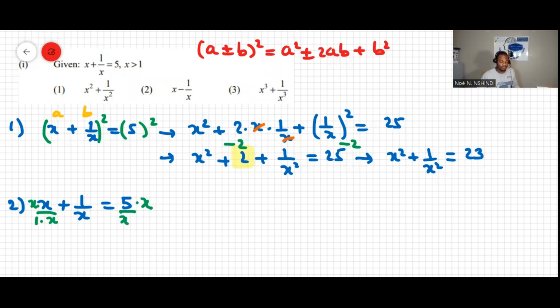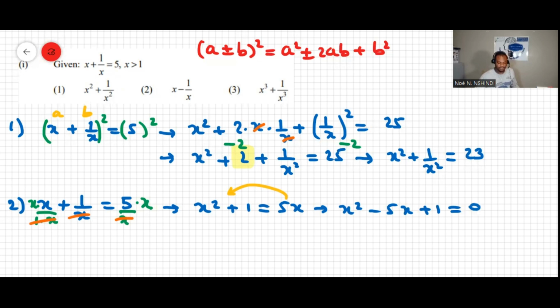Now that the denominators are common, we can do this, and this will make x squared plus 1 equal to 5x. If I move this 5x over, this will become x squared minus 5x plus 1 equals 0.